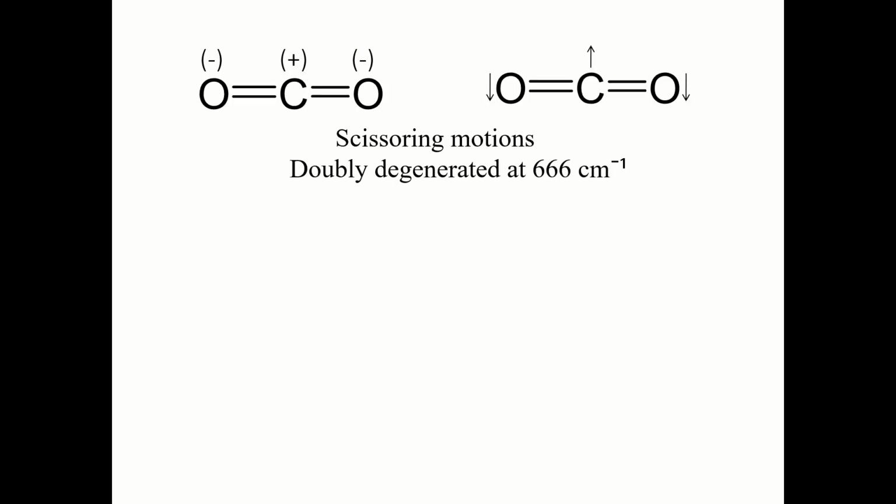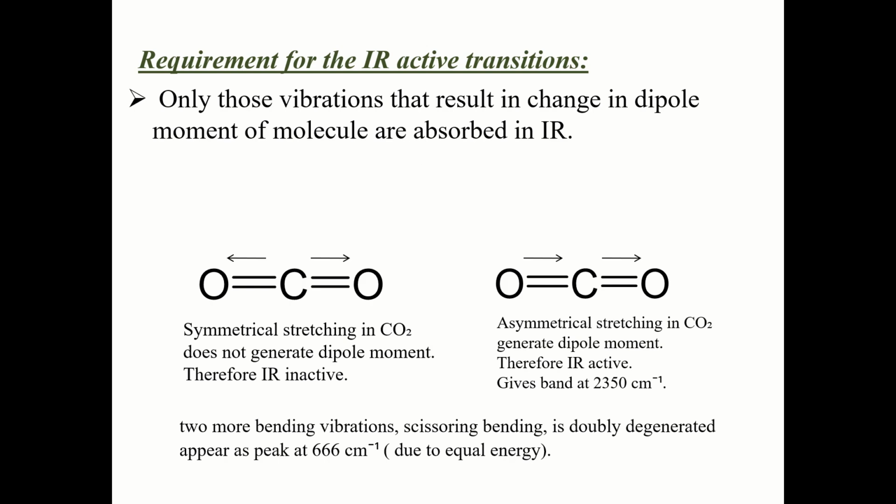Now, which four vibrations are possible in the CO2 molecule? First, CO2 shows symmetrical stretching. Due to symmetrical stretching, there is no generation of dipole moment, so it does not possess a dipole moment. Therefore, it is IR inactive. In asymmetrical stretching in CO2, there is a dipole moment, so it becomes IR active, and it shows a band at 2350 centimeter inverse.